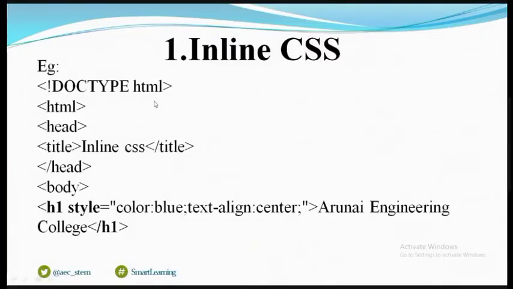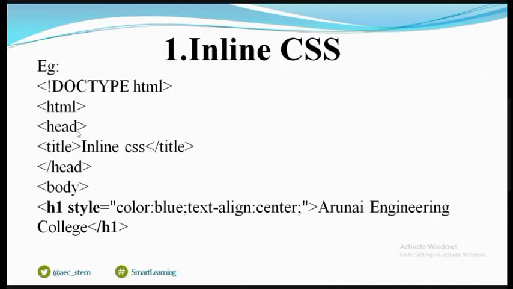First line, document type HTML. What is a document type? It is an instruction to the web browser about what version of HTML the page is written in. Second line, HTML is the beginning of your program and head indicates the header section.